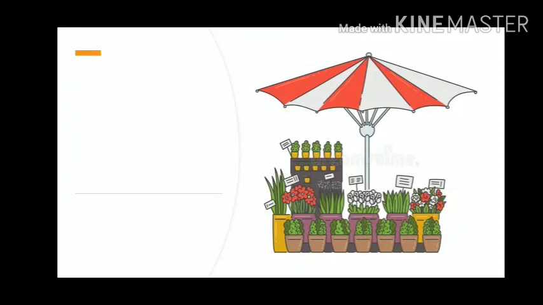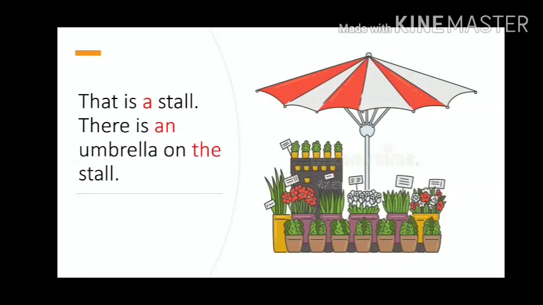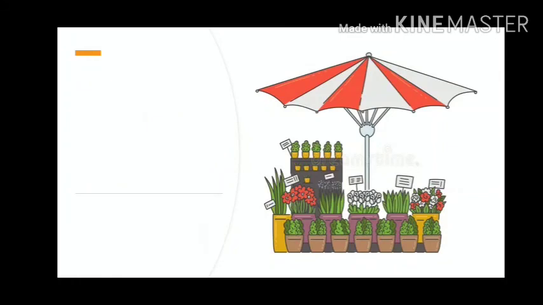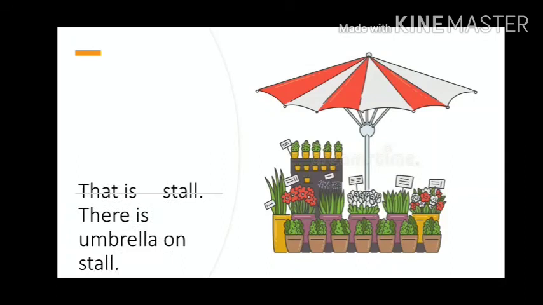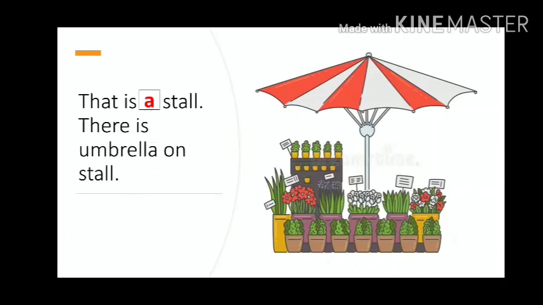Now look at the following sentences to learn the use of articles a and the. That is a stall. There is an umbrella on the stall. So students, we observe that articles a and an are used to talk about a thing in general.